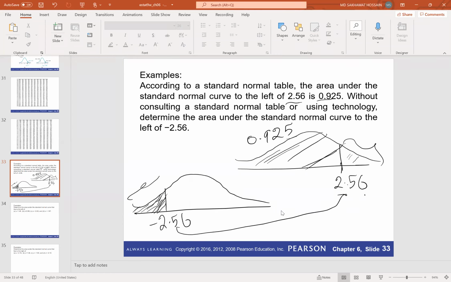The area on the right side of this one will be equal to the area on the left side of this one. We'll use this idea to calculate the area here. Be careful when you are typing your answer. This is actually 0.075, not 0.75.